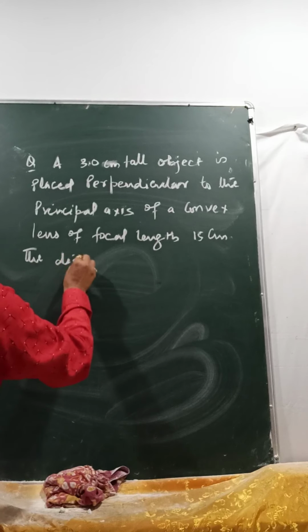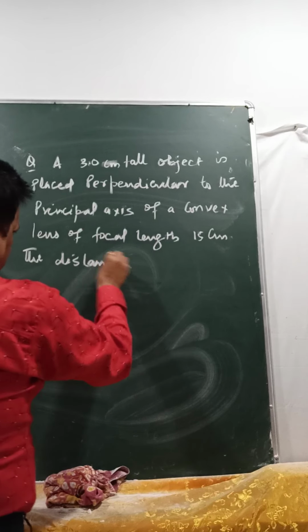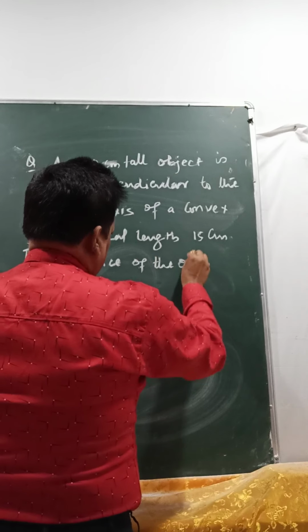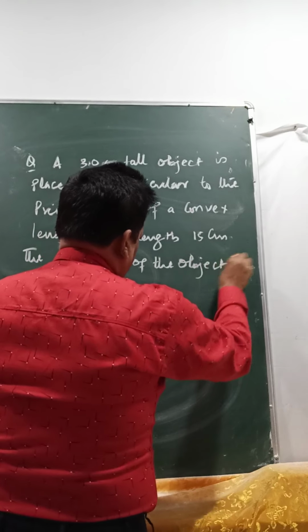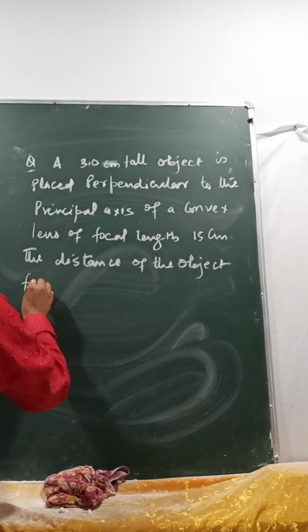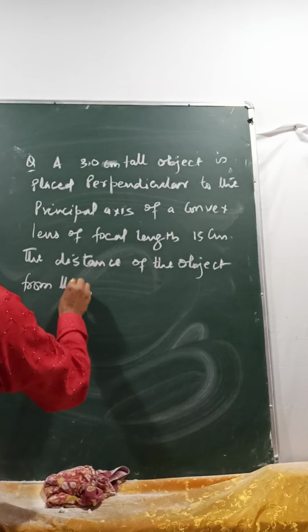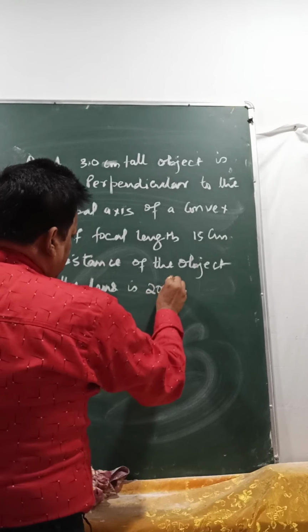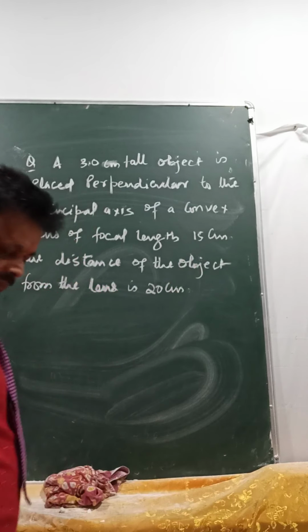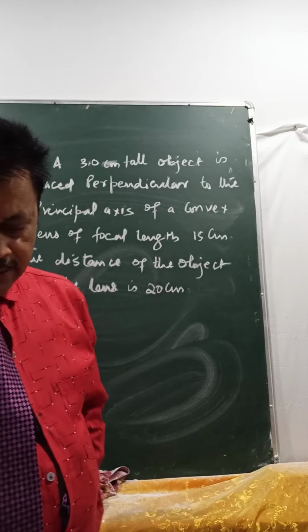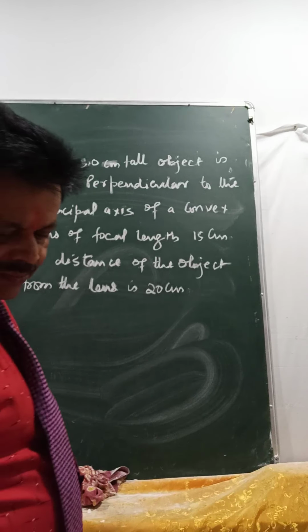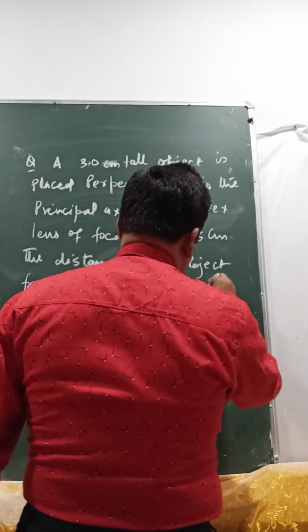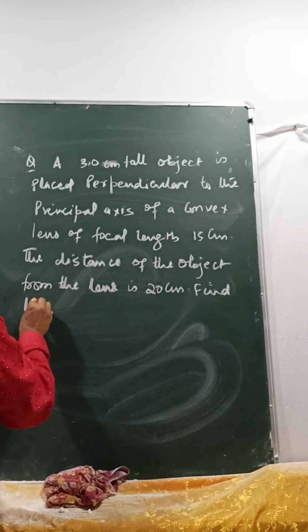The distance of the object from the lens is 20 centimeter. Find the nature, position and size of the image.